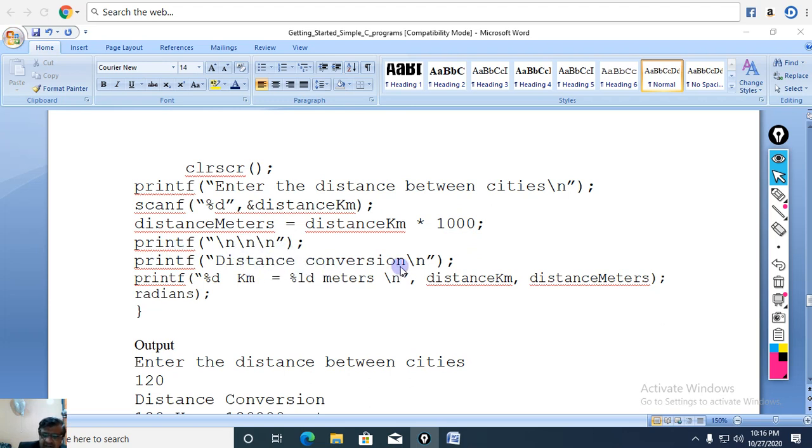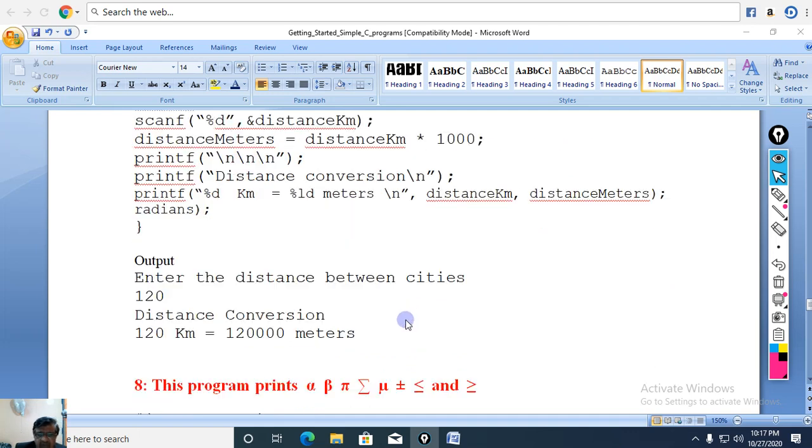Distance conversion, this heading will appear. So percentage d kilometer equals percentage ld meters. In place of percentage d, distance in kilometer will go, in percentage ld, distance in meters will go. This will be a huge value, this will be a timid value. We can see over here, enter the distance between cities, 120 is the input, that is 120 kilometers.